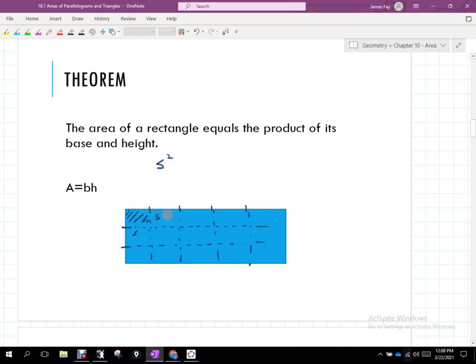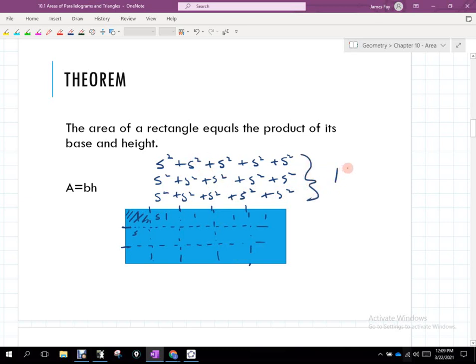Now we would have 1, 2, 3, 4, 5 of those, right? But then we have the same 5 in the second row, right? And then we have the same 5 in this last row. And you don't necessarily need to write this, okay? But that would give me 15 S squared, right? Does that make sense to everybody?